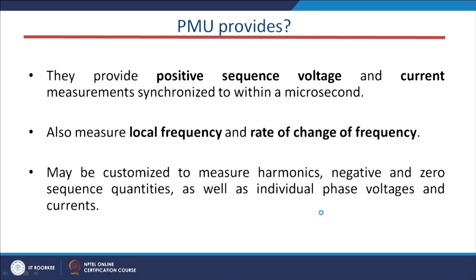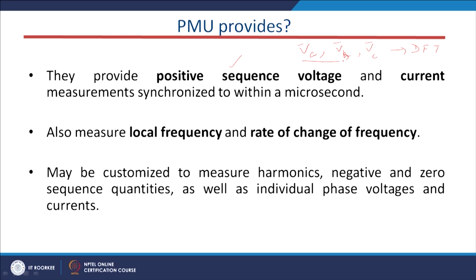Basically, one question comes here: what are the data or voltage information provided by this PMU? This PMU provides positive sequence voltage and current also. Inside the PMU, we have discussed that we estimate the voltage phasors VA, VB, VC using the DFT, the discrete Fourier transform technique.